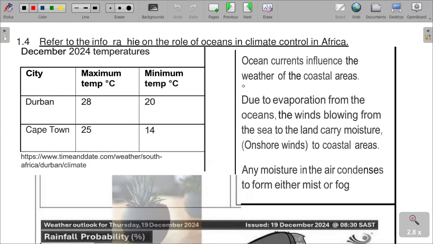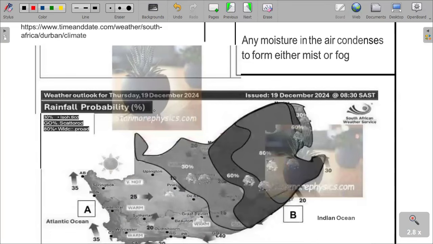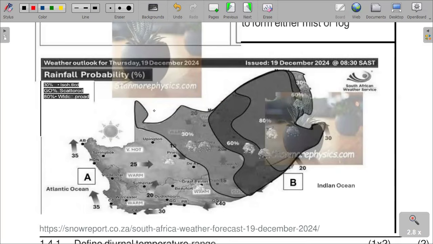So now we want to look at the city maximum temperature and minimum temperature. The maximum temperature in Durban is 28 and the minimum is 20. For Cape Town, we have 20 and 14 minimum. The questions here are about the weather outlook for Thursday, 19 December 2024.